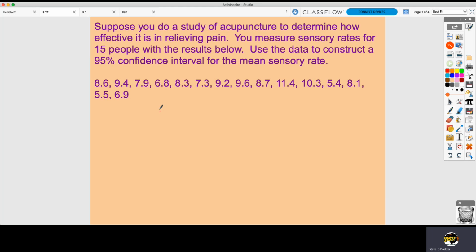Okay, so if you want to get this in your notes for the process here, first of all, you have to go to stat and then edit and then put all of those numbers into one column. After that, you're going to go back to stat.